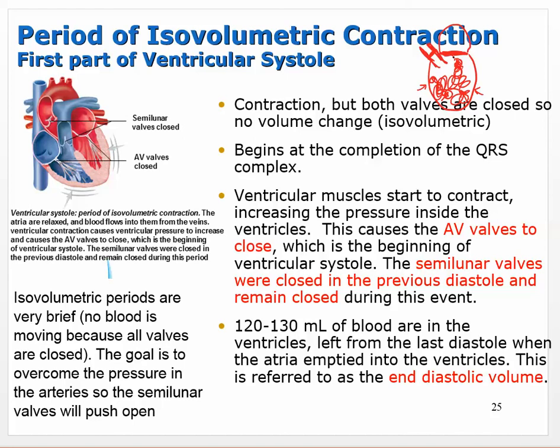Now, here we have this situation where the ventricle is contracting. It just pushed this AV valve closed, so that AV valve is closed, and the semilunar valve was already closed so it could fill to begin with. So what's it doing now? It's contracting and pushing.